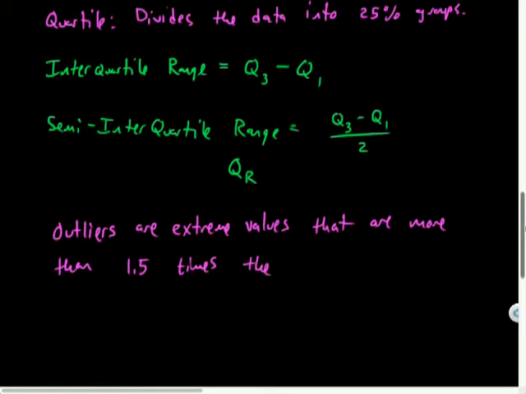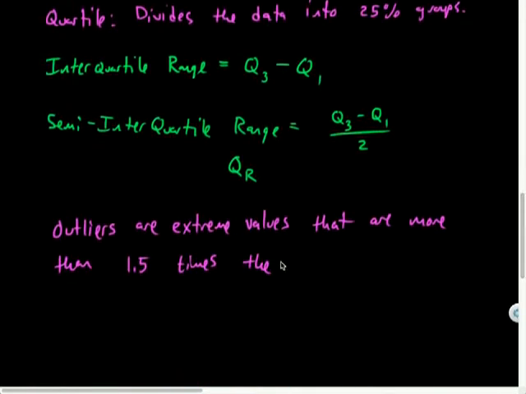Oh, I was mistaken. I thought it was going to be the semi-interquartile range, but no, it's 1.5 times the plain old interquartile range, beyond the upper and lower quartiles.